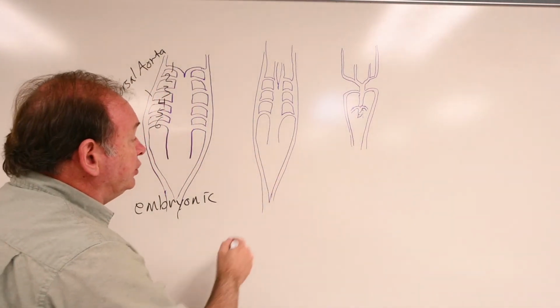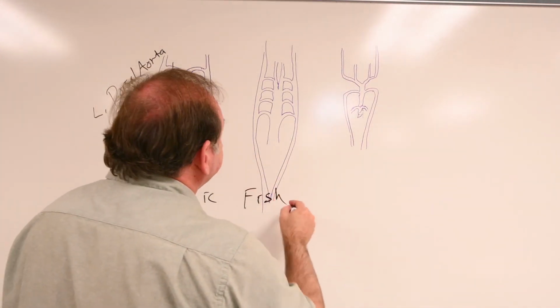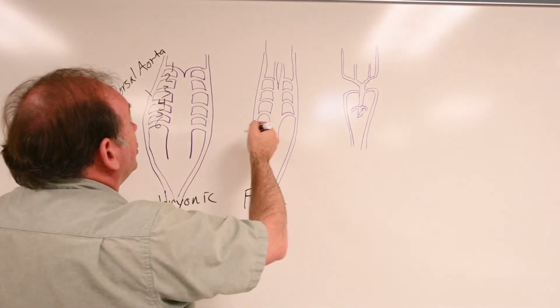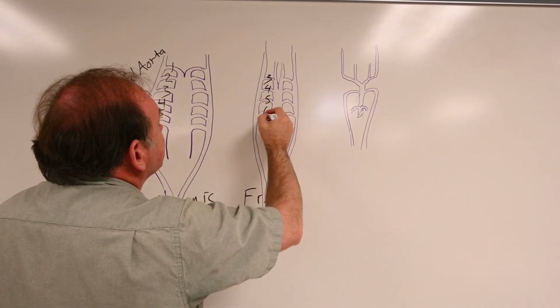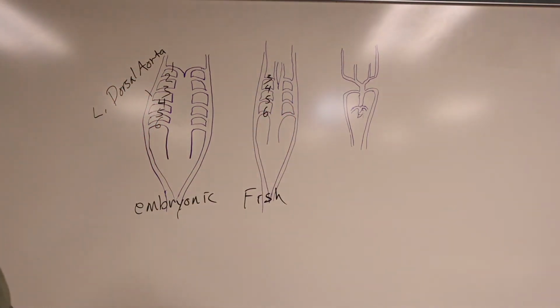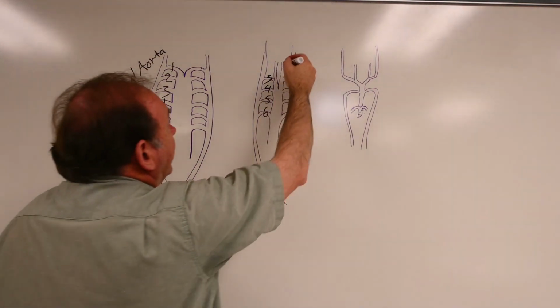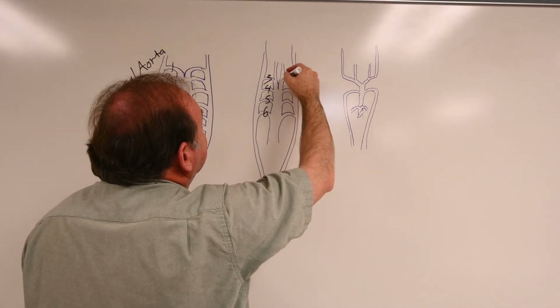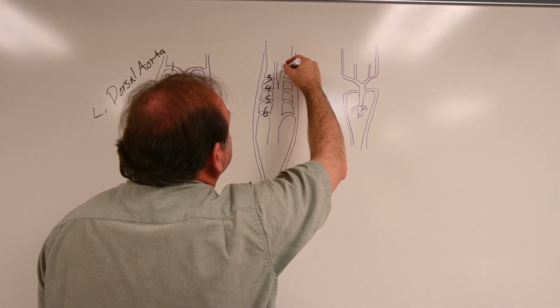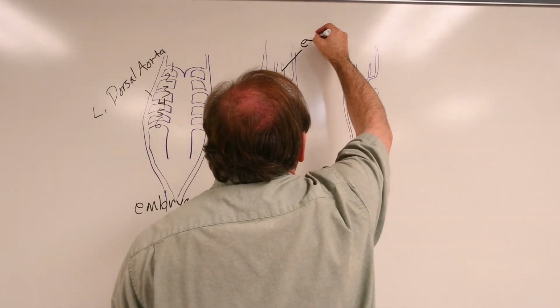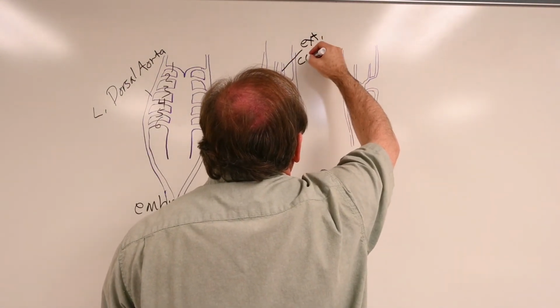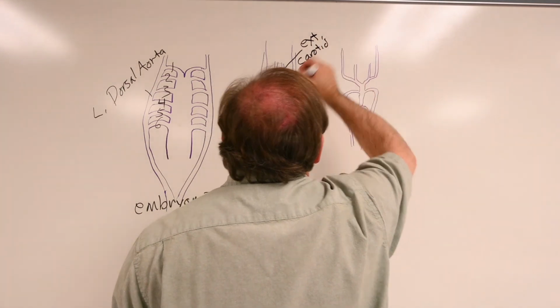dorsally, leading into that long dorsal aorta, going down the middle of a fish. Here we are with the fish. 1 and 2 are gone. This is number 3, this is 4, this is 5, and this is 6. There are vessels that extend from the previous bases for arches 1 and 2 here. They form the external carotid arteries.